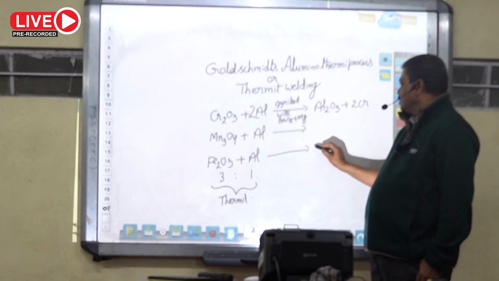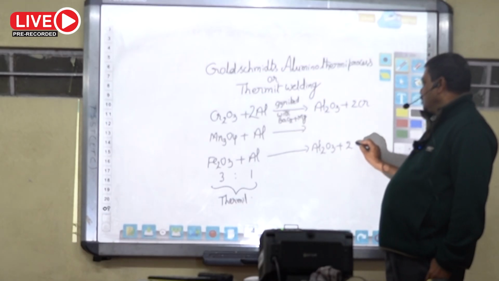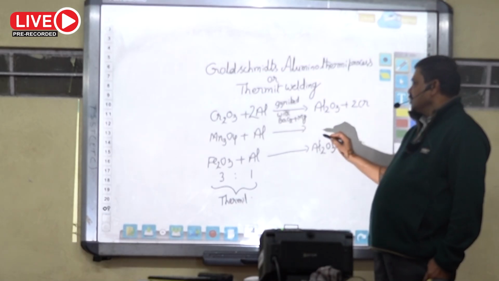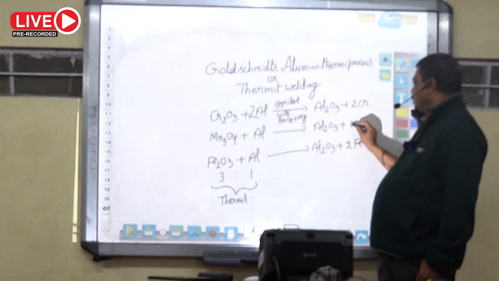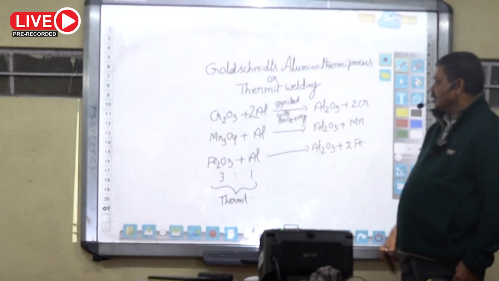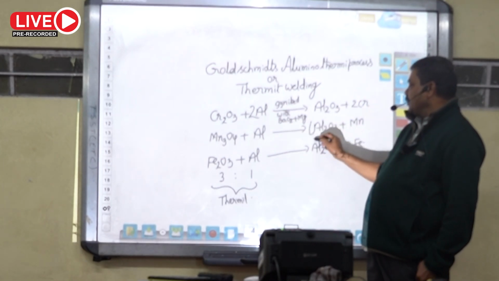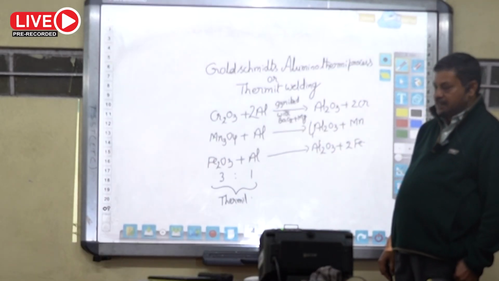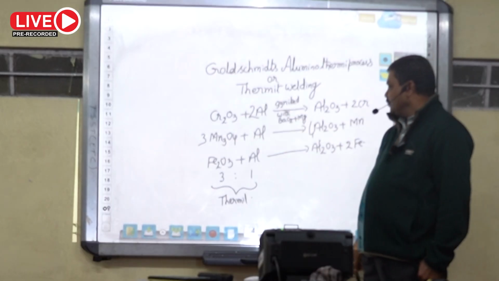So here also Al2O3, 2Fe. Here also Al2O3 plus Mn. But here we have to balance oxygen. If you multiply with 4, 12 oxygens. If I multiply with 3, 12 oxygens.